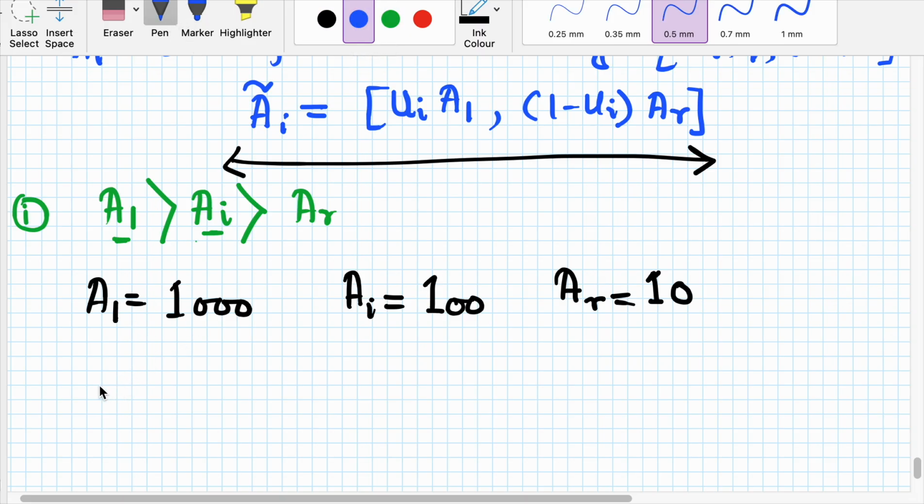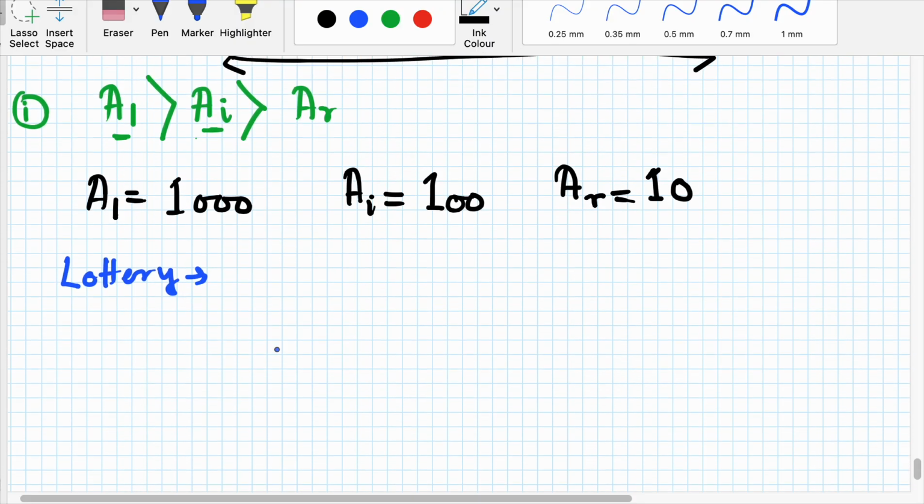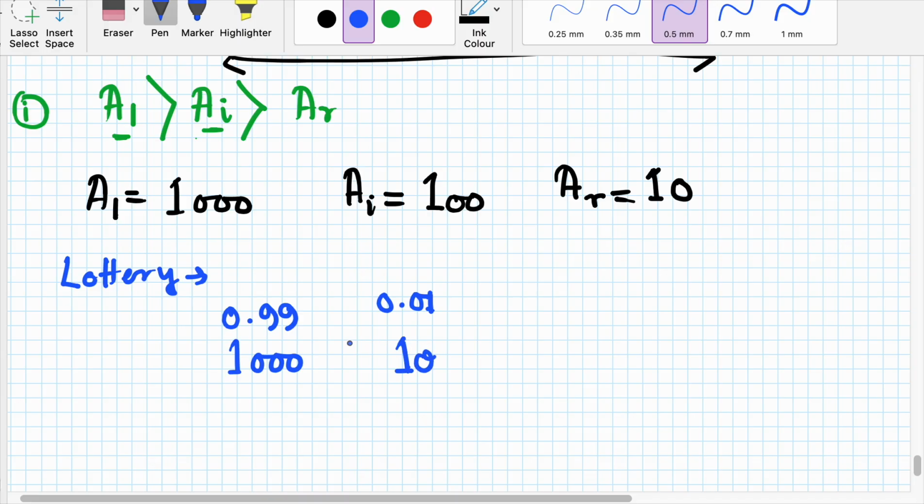Now I am making a lottery that with 99% chance, or with probability 0.99, I will get 1000 rupees as a prize, and with 0.01 probability I will get 10 rupees as a prize.